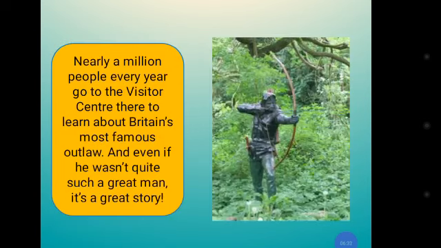Nearly 1 million people every year go to the visitor center there to learn about Britain's most famous outlaw. And even if he wasn't quite such a great man, it's a great story.